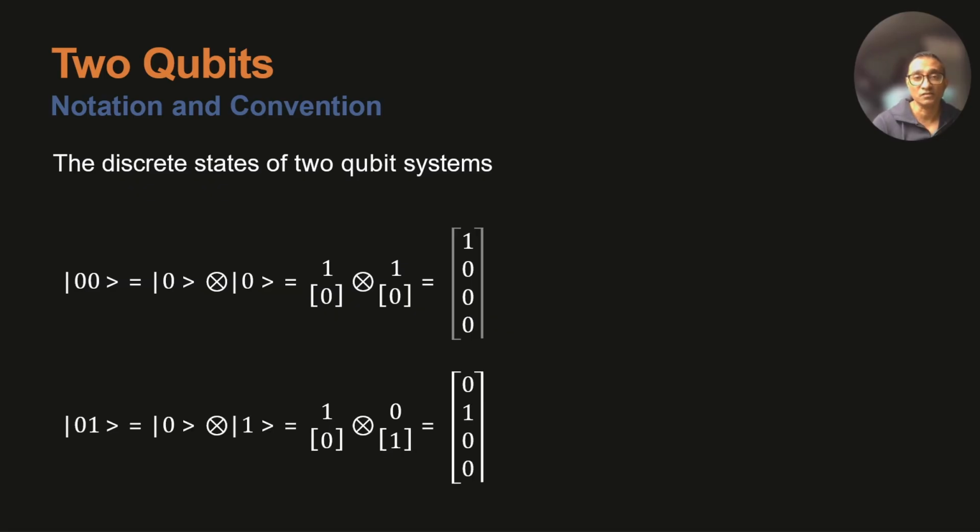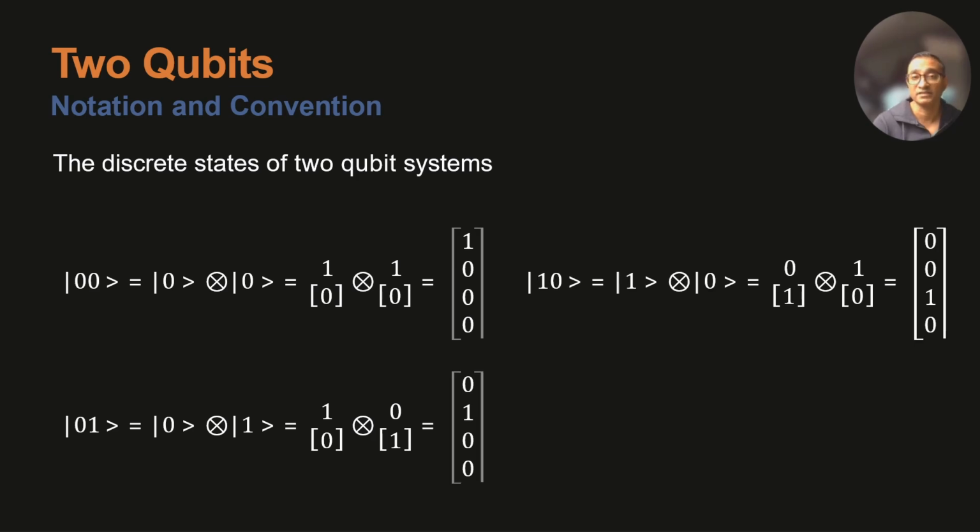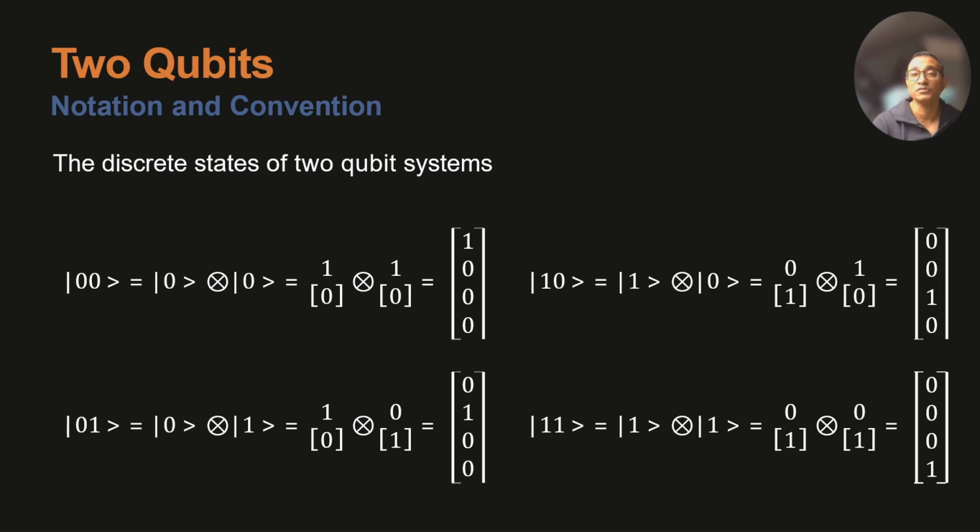You can extend this logic to all other combinations, and do the mathematics on your own, and you will find the exact result you are seeing here, extending further to |10> and |11>. These are again vector representations with one attribute pointing to 1 because it's normalized, and all others are 0.